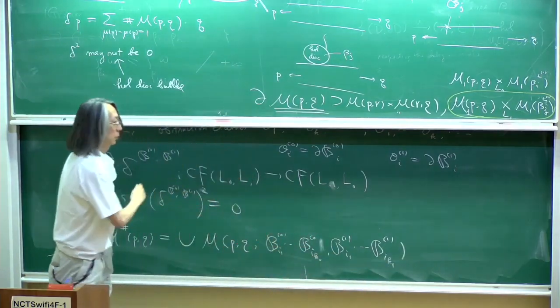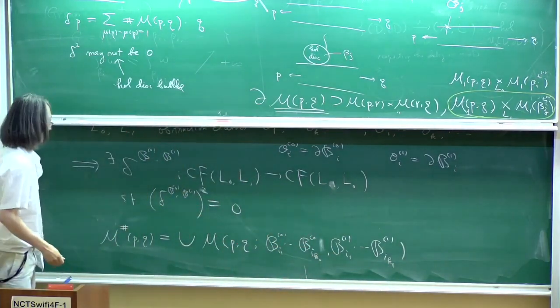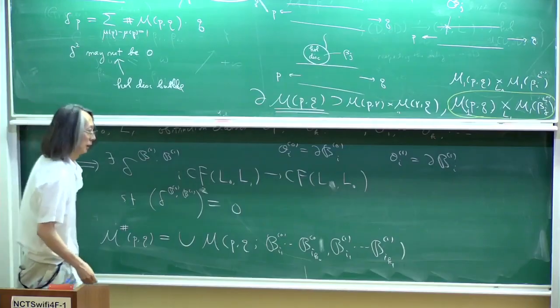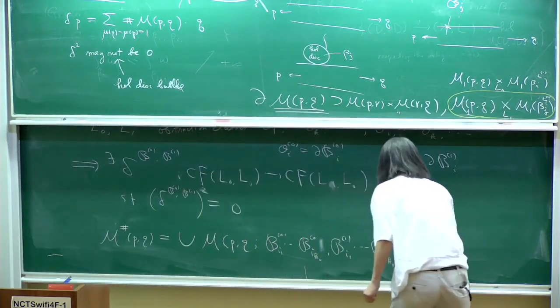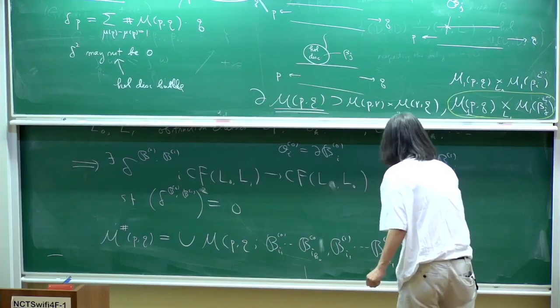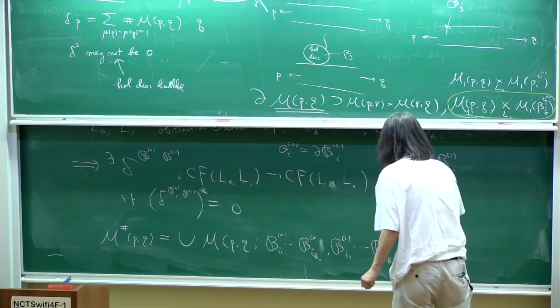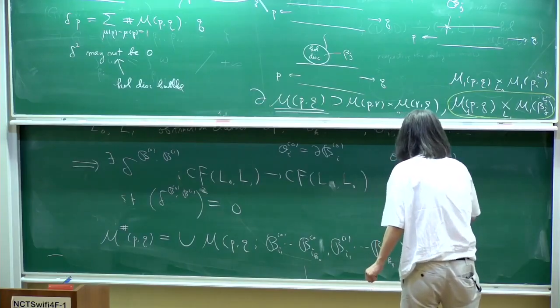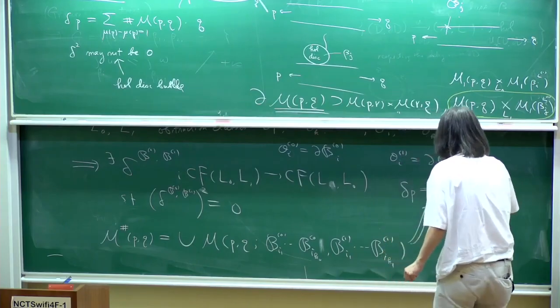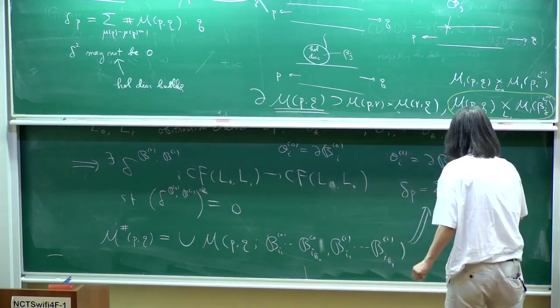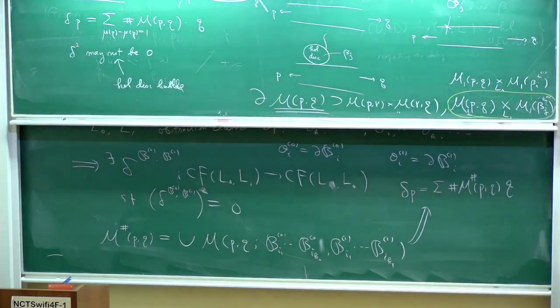You consider all the possible unions, and then using this moduli space, maybe you can define delta P equal to the sum of this moduli space and this.